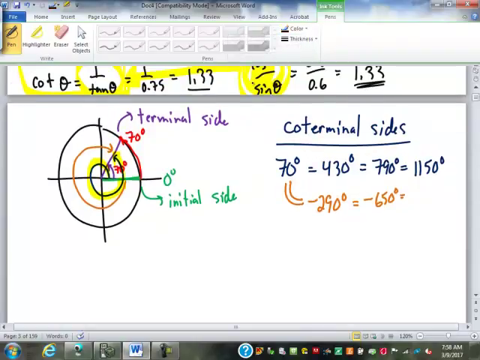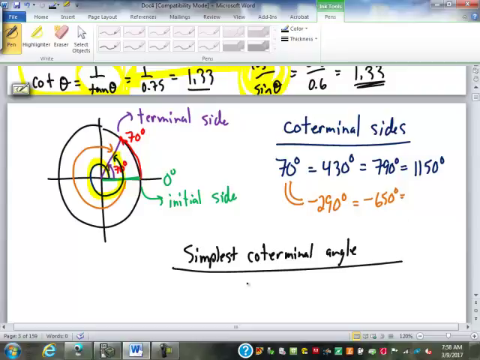So what we use when we're doing trig is called the simplest coterminal angle. The simplest coterminal angle is an angle that is between 0 degrees and 360 degrees.